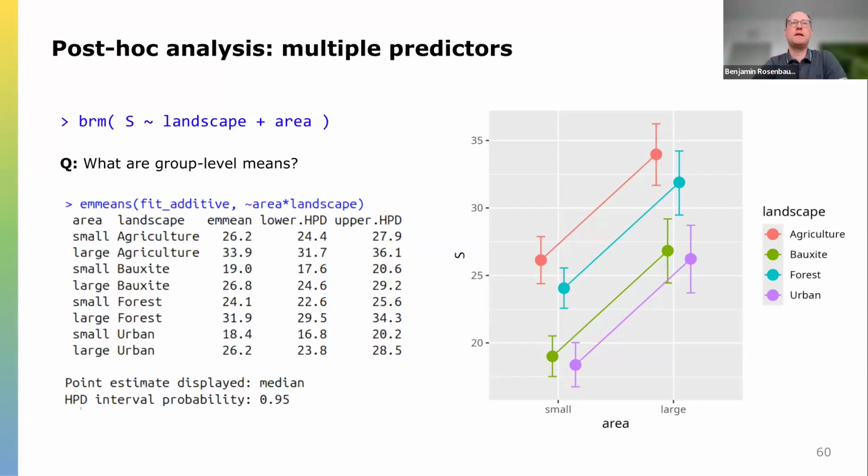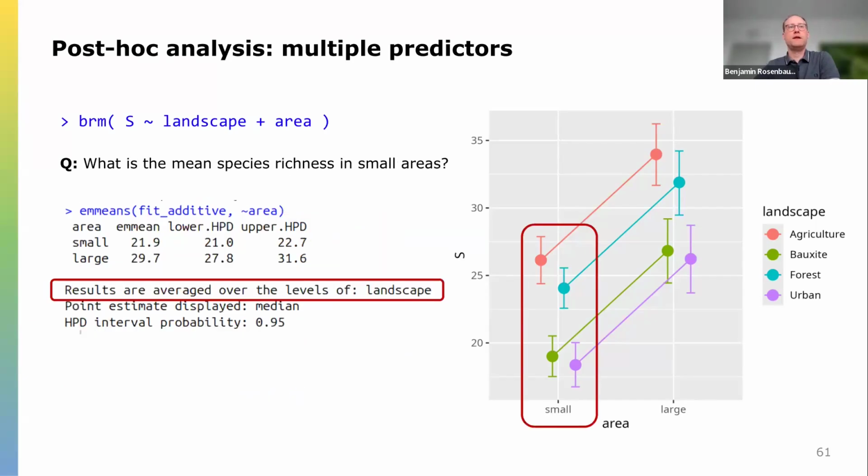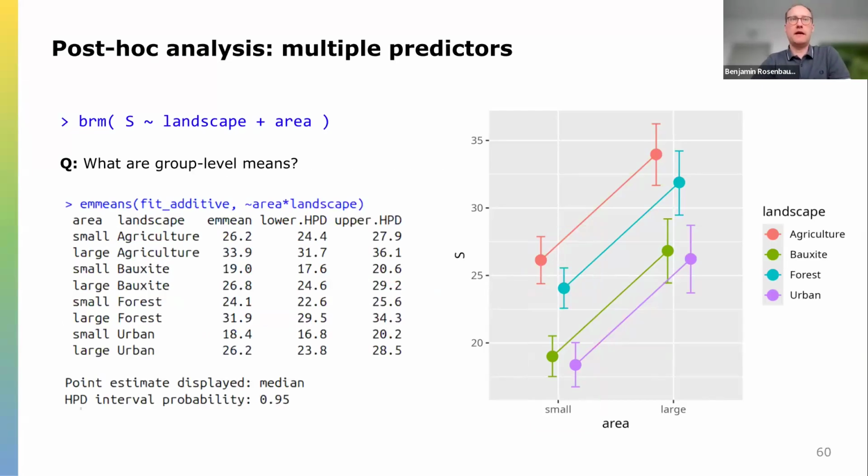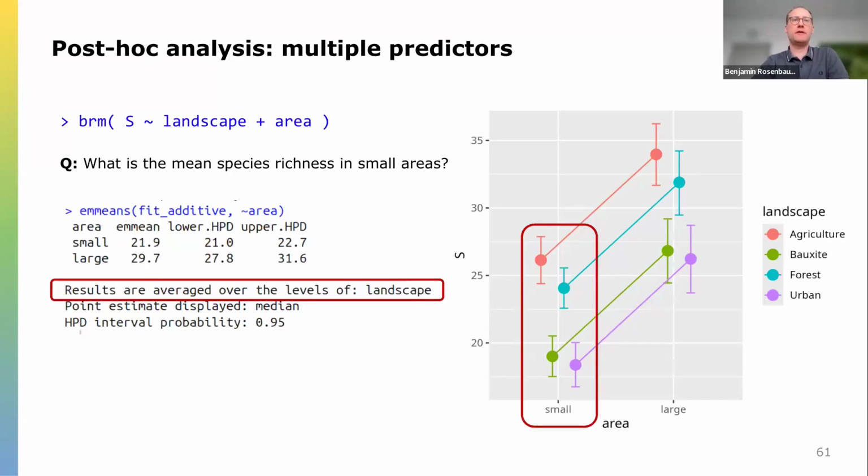But this is the landscape plus area model, and I want to extract the means for all level combinations. If you just want the means for area, the model will average over the other predictor. So it will average over landscape, and here you will get the average prediction for small areas averaged over all types of landscape.